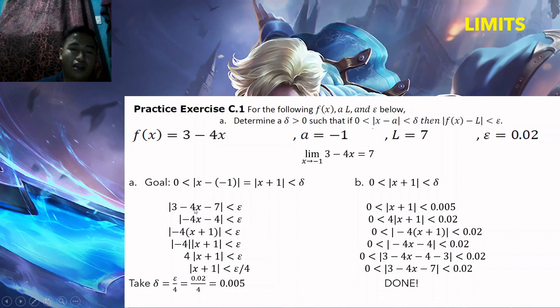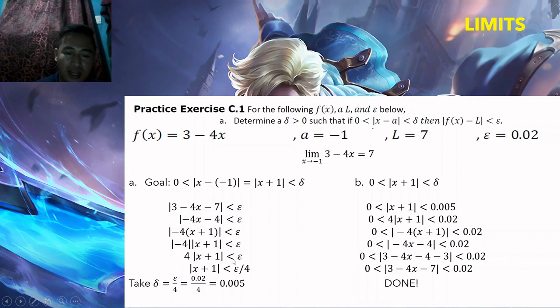So minus 4x again. 3 minus 7 is negative 4. So minus 4, we factor out negative 4, so times x plus 1, and then we can separate the absolute value: the absolute value of negative 4 times the absolute value of x plus 1, and just copy less than epsilon. The absolute value of negative 4 is positive 4.